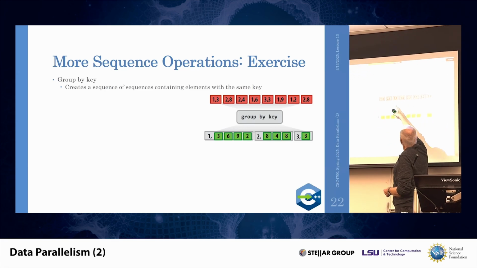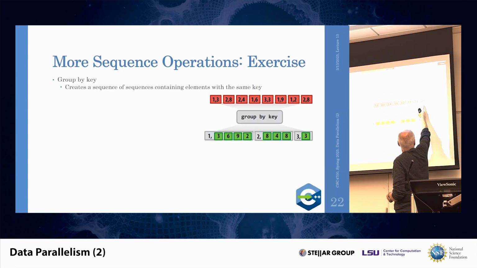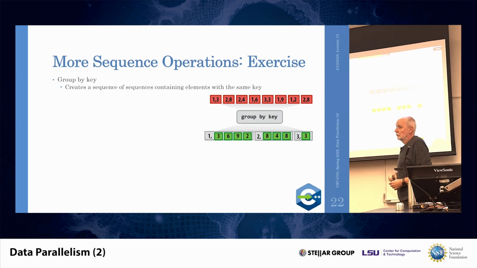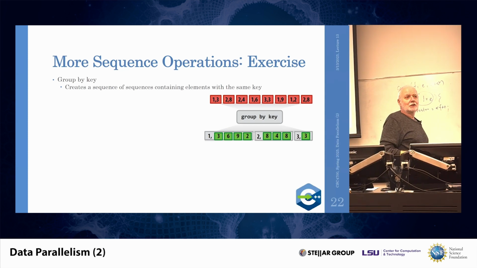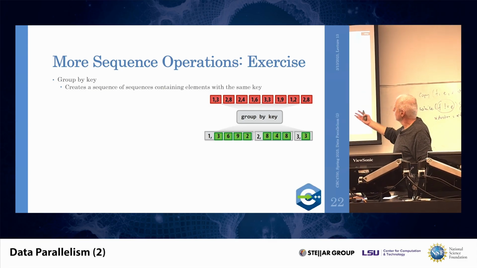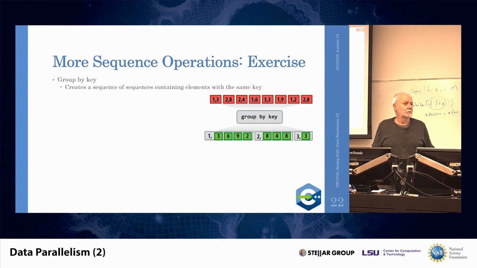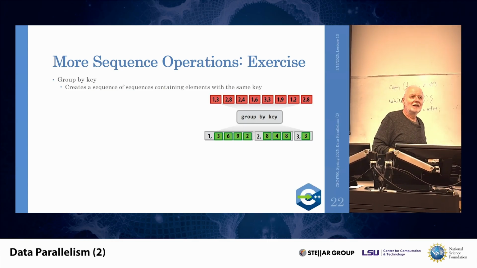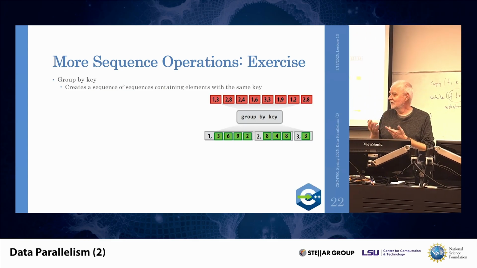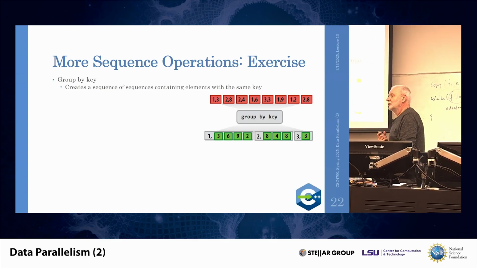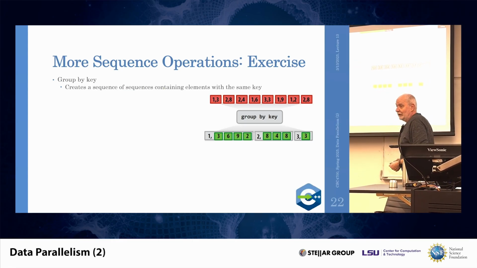The 2 has only 2 elements, the 3 and the 8, the 4 has the 8, and the 3 has only 1 element. So the exercise: use your knowledge about data parallel algorithms to build an algorithm that does that. It's most likely a scan. So think about how you can apply these algorithms we talked about to achieve that result. Just grouping by key. Okay?